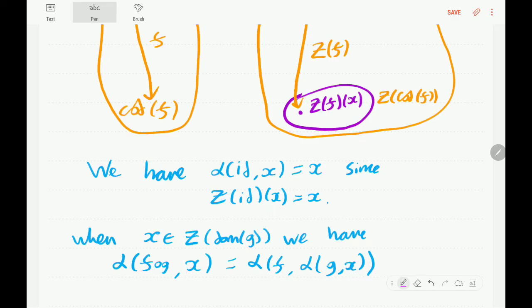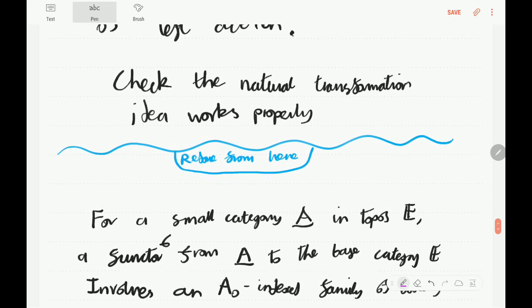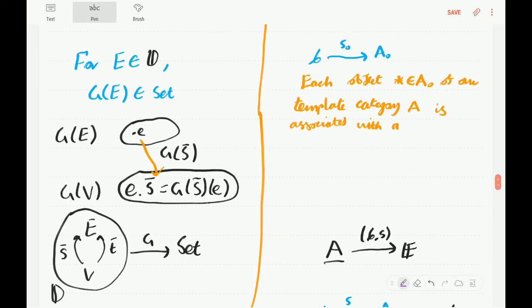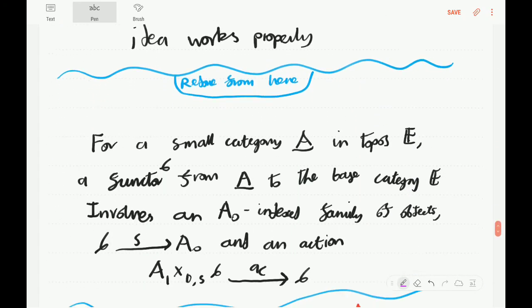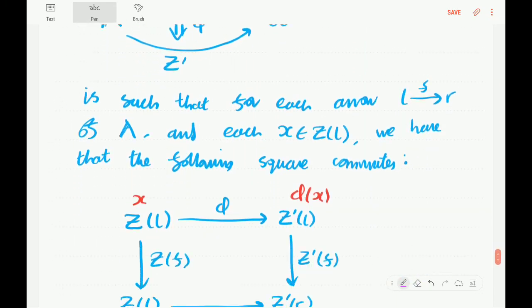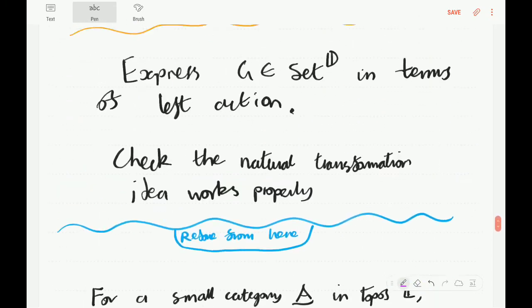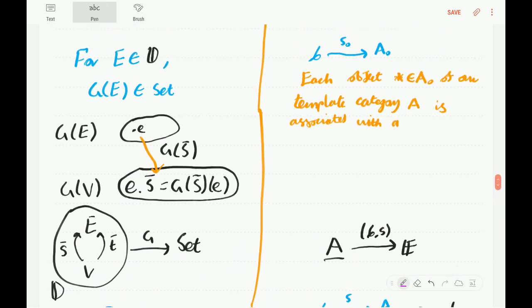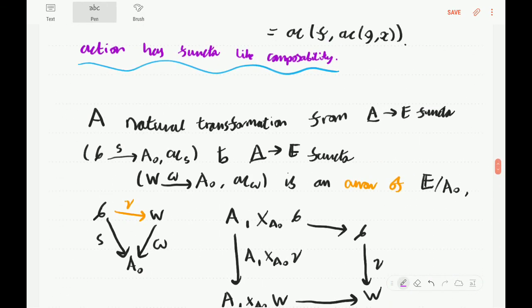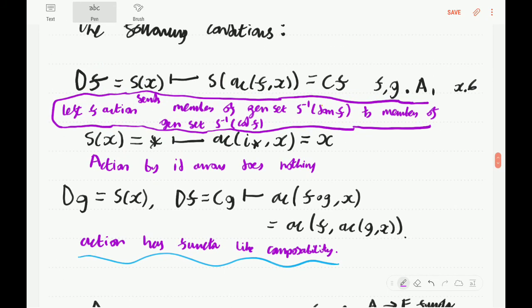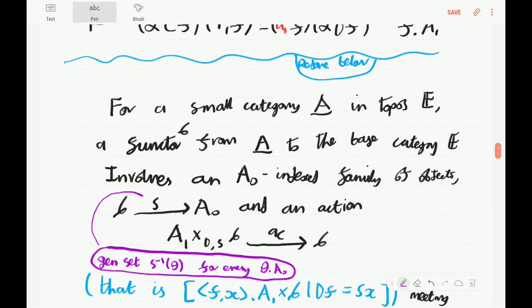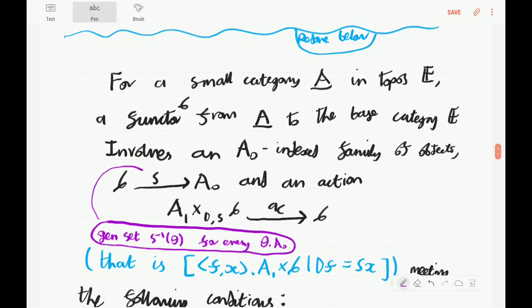Okay, so this is like composability of functors. So what we want to do is basically generalize or formalize this kind of idea, but we want to be able to do it not for stuff that's necessarily going on in Set, but stuff that's going on more generally. So here's the idea.